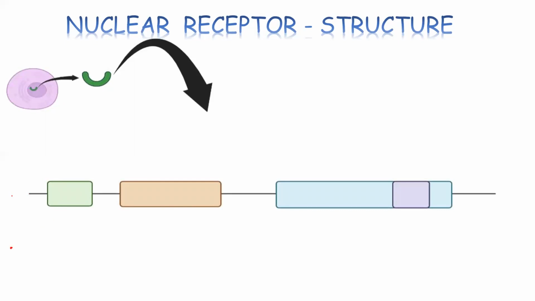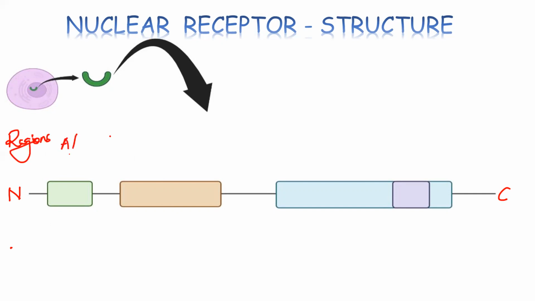Now, when we look at this particular sequence, our nuclear receptor has an N-terminal and a C-terminal to it. There are various regions according to which it is classified. We'll first look at the regions.